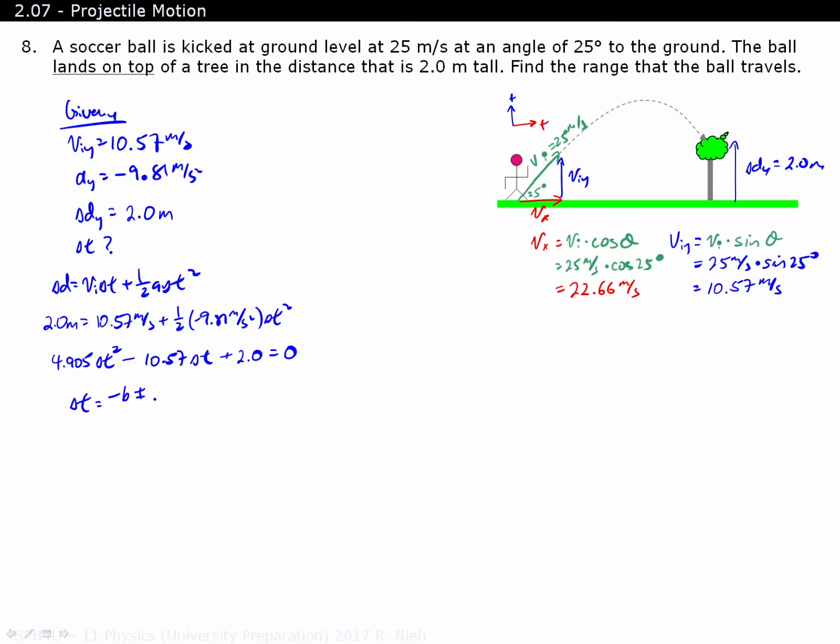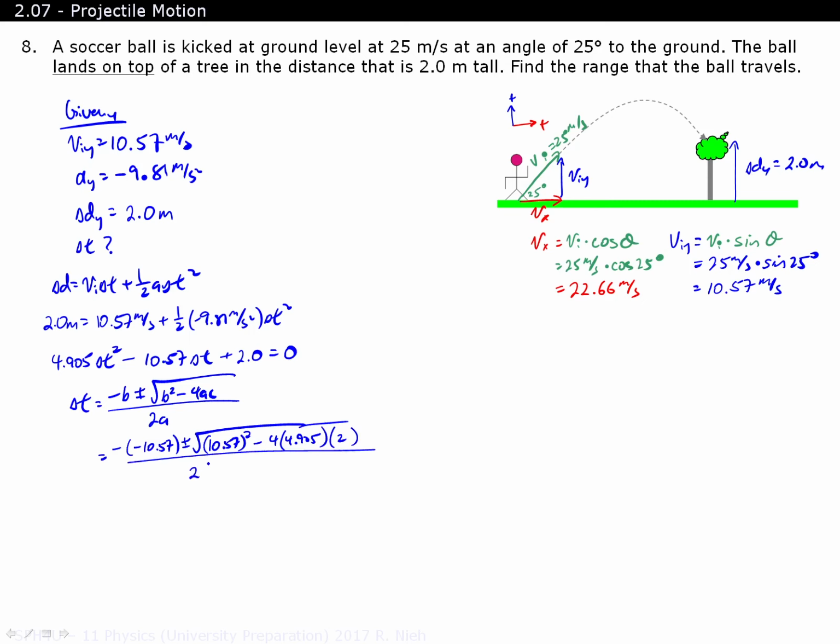Yes, you could include the units here, and you could sub it into the quadratic formula, negative b plus or minus the square root of b squared minus 4ac, but it is a very long way of getting to the answer, and it will work out to seconds. All right, so we sub the values in. So negative 10.57 plus or minus the root of 10.57 squared, subtract 4 times 4.905 times c of positive 2.